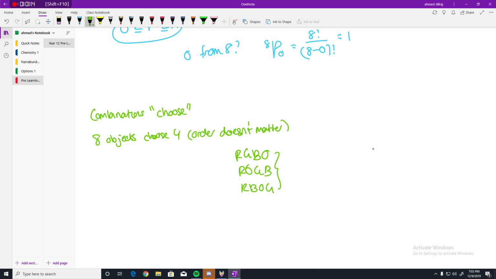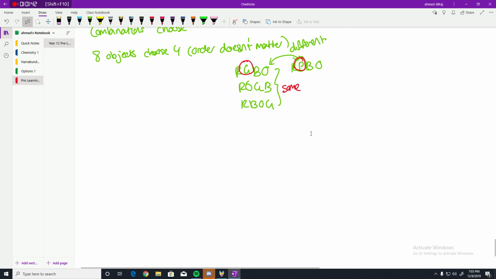However, if I picked up red, purple, blue, orange, that's different, because I picked up a different marker, a purple instead of a green. These others are all the same because I picked up the same markers. So you can see how order doesn't matter. So these are combinations.